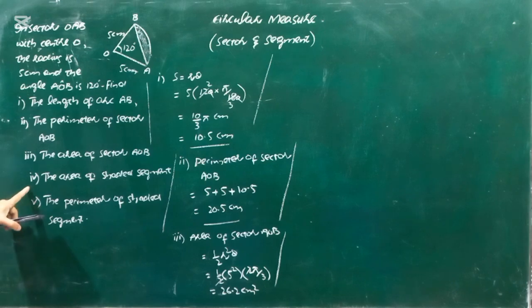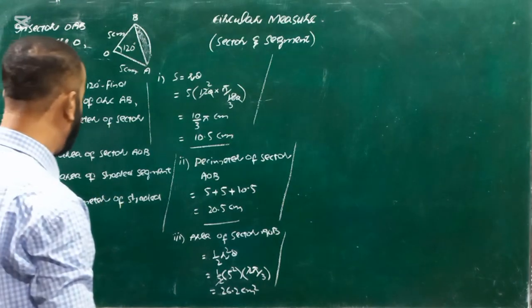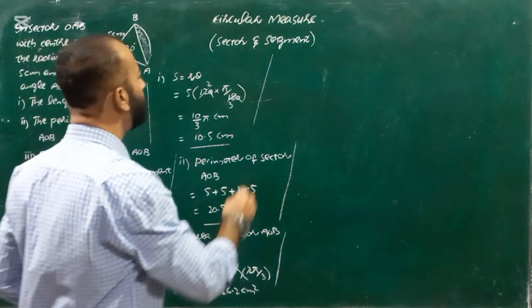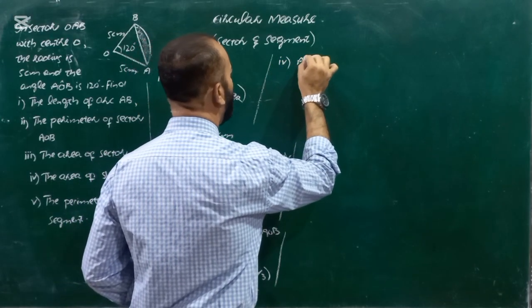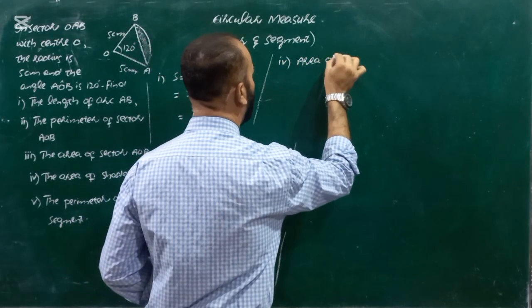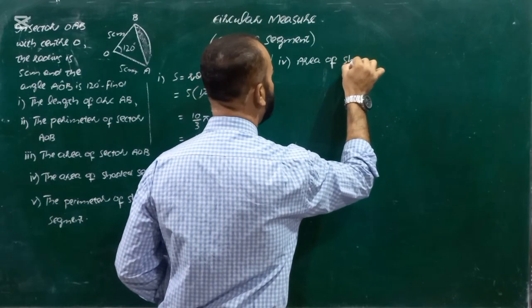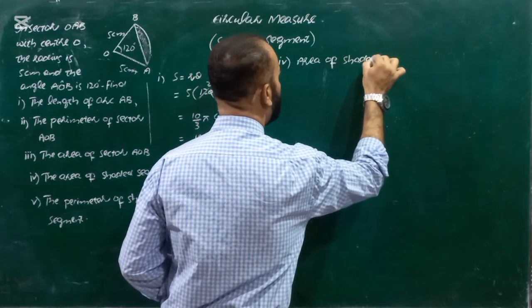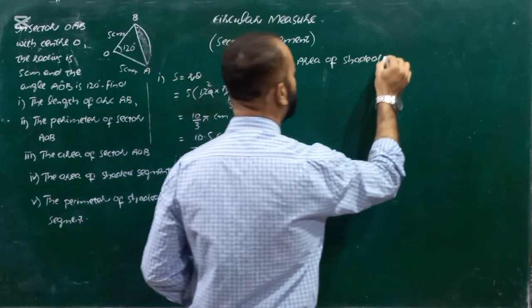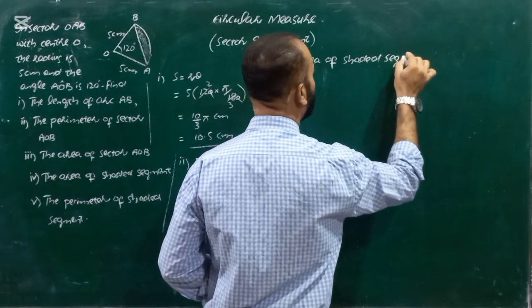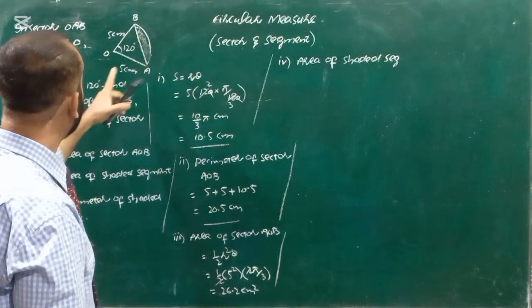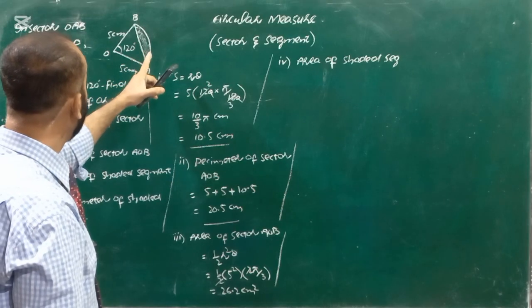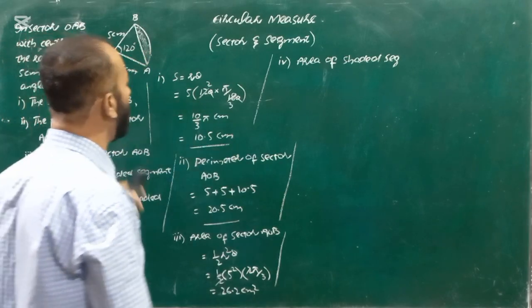There is a fourth part, the area of the shaded segment. That is actually this part. So this will be equal to area of sector minus area of triangle.